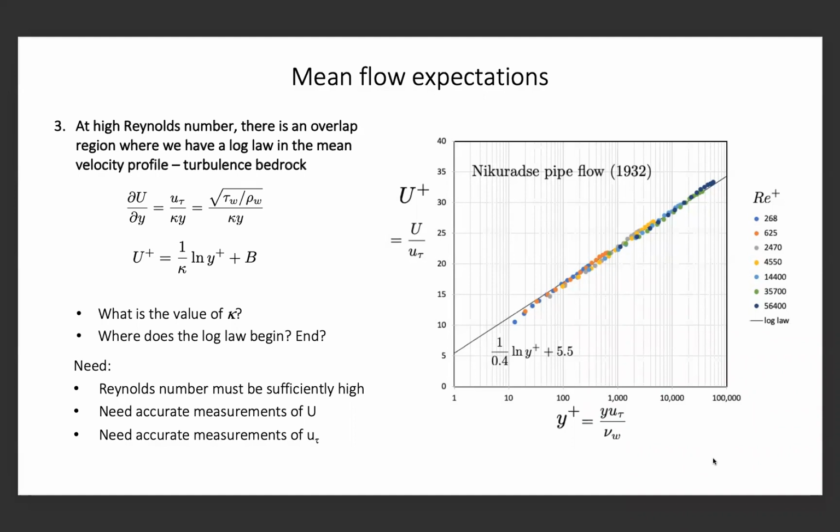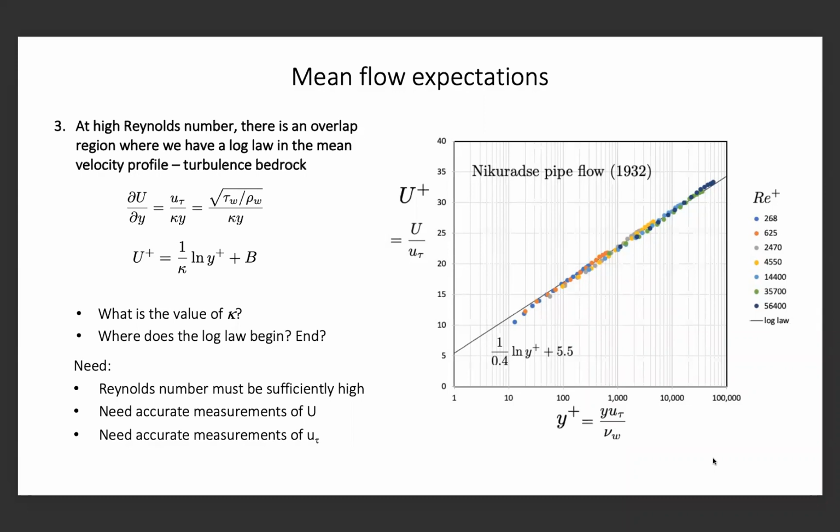We've known this for a long time. Is there anything new to be found at all? Well, there's been a reasonable amount of controversy or uncertainty about the value of the slope of that line, kappa, von Karman's constant. And it's a good question to ask also, where does the log law begin and where does it end?